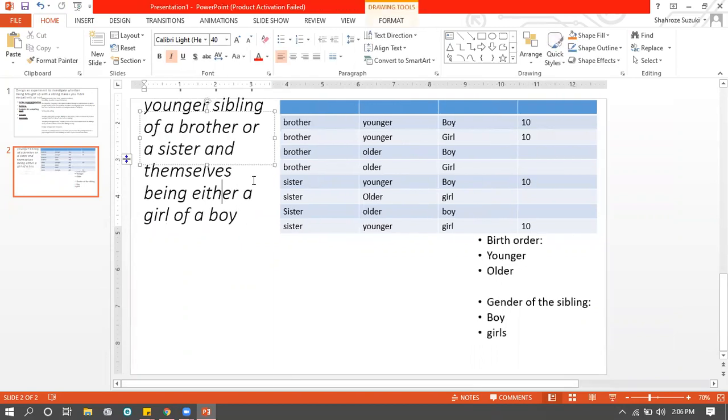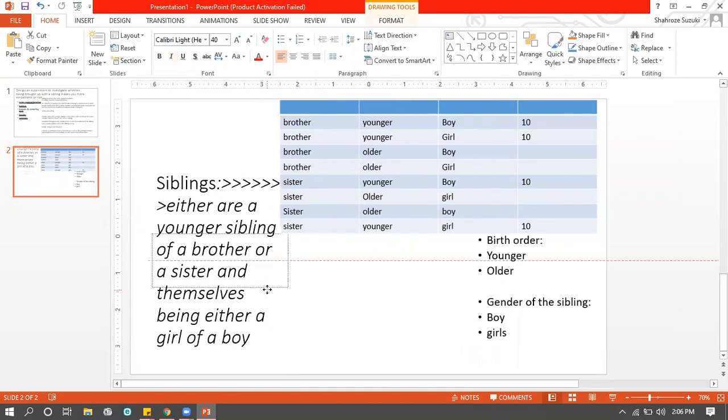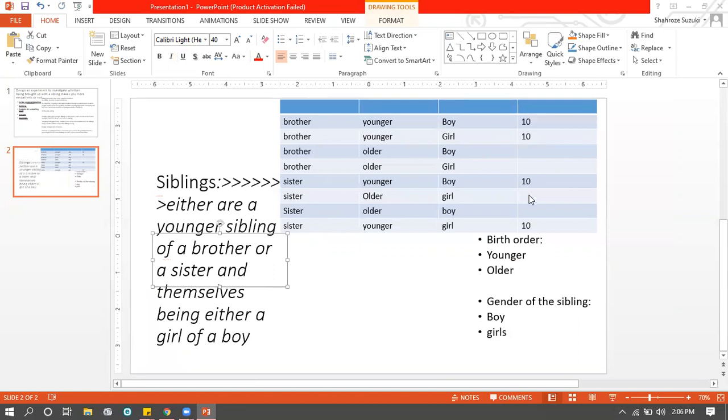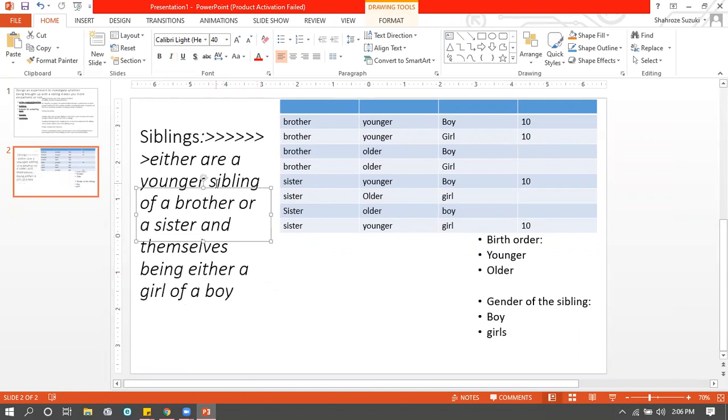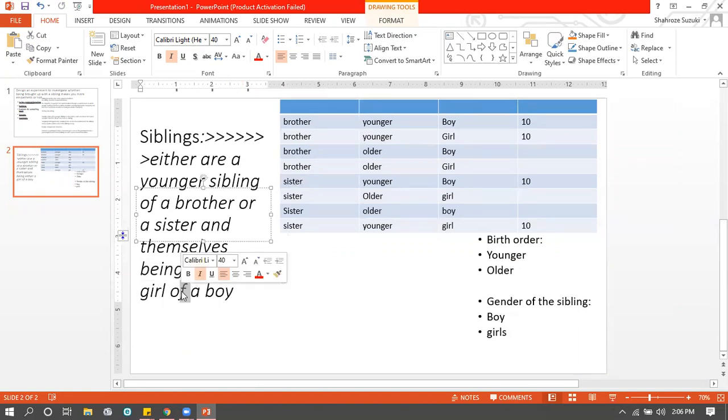So when I say this definition right here, do you think it matches all the four boxes that I need to match? Siblings who themselves are either a younger sibling of a brother or a sister, and themselves are either a boy or girl. All right, so that's what you mean by operational definition.